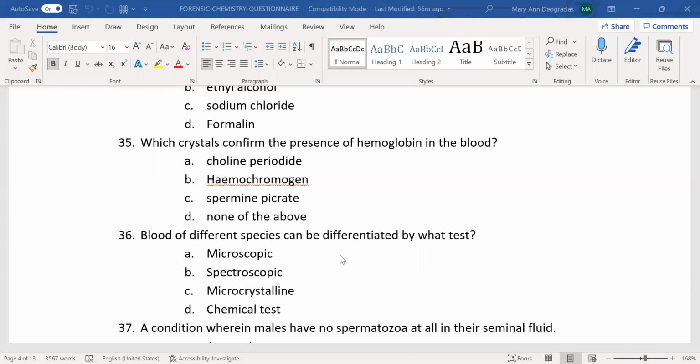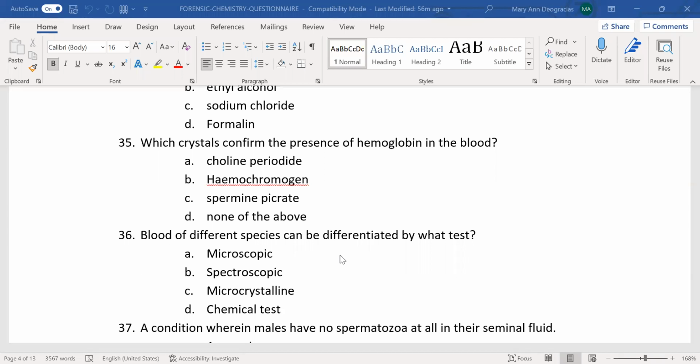Hemochromogen crystal is the positive result for the Takayama test. The positive result of the acetonhemin test is hematine chloride. What we are identifying here is the presence of hemoglobin. So hemochromogen or hematine chloride is the positive result or the answer.